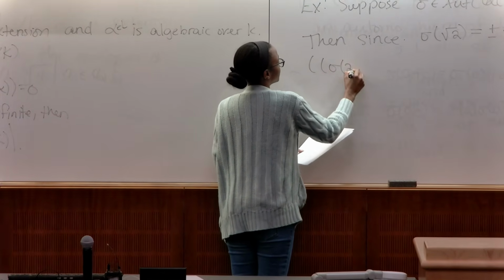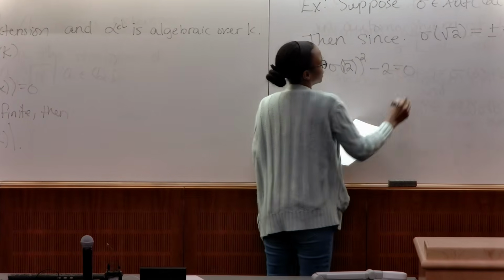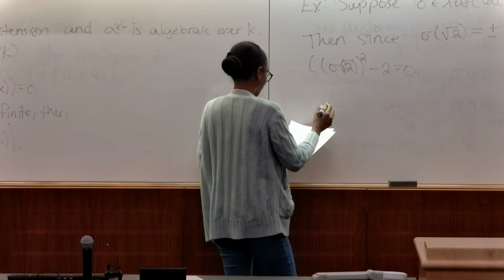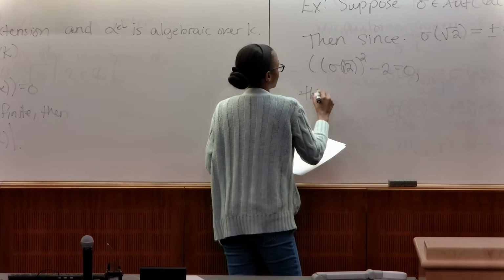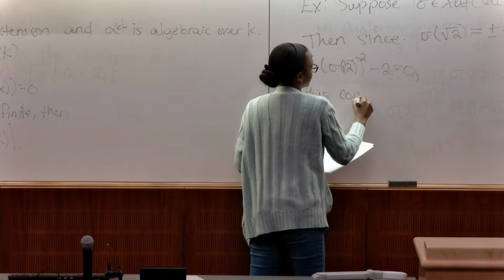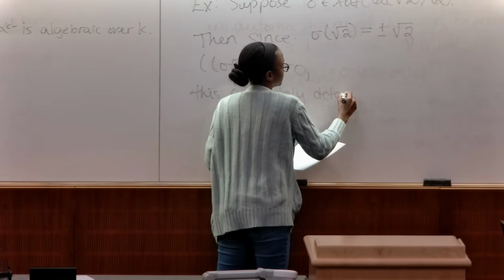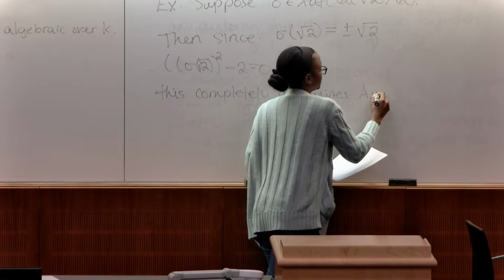Here we're just using the fact that if I take this thing and I square it, I'm asserting that it has to be equal to 0. And my claim is this completely determines what this automorphism group can be.